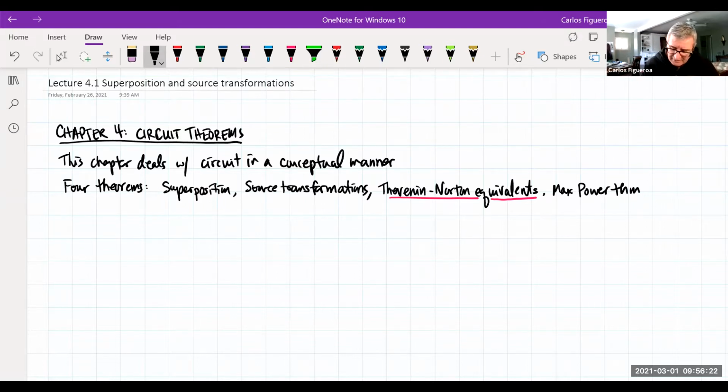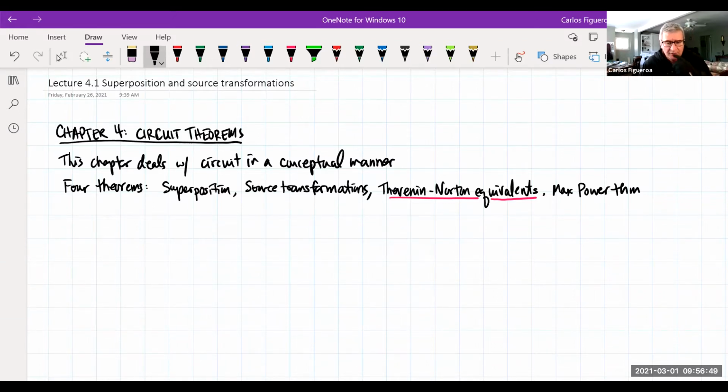But you'll see that your ability to deal with Thevenin and Norton is the most important thing. It's a really, really beautiful theorem in circuits. I won't go into any more detail here, but I'll give you an overview in a minute.